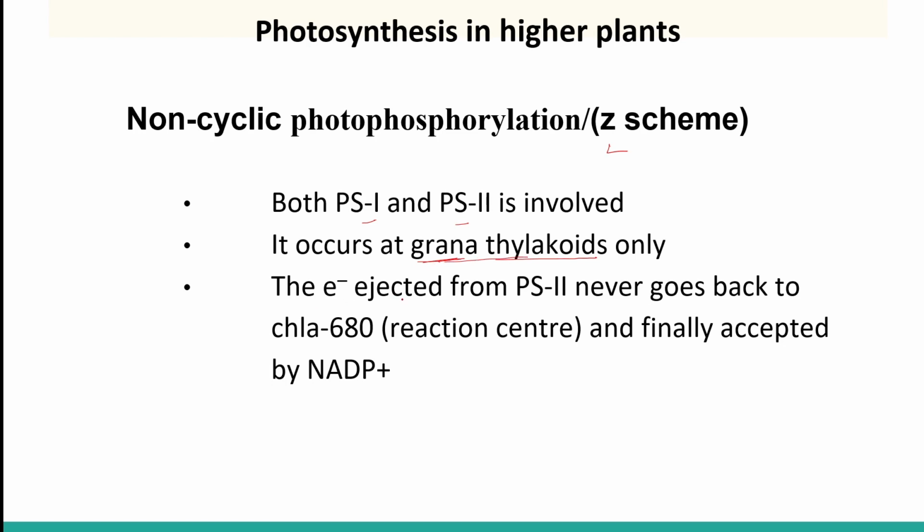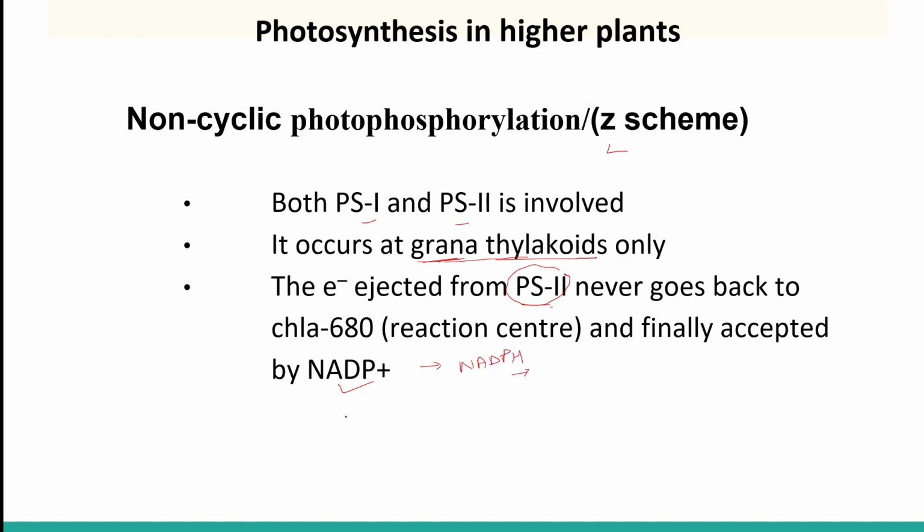The electron ejected from photosystem 2 never goes back to photosystem 2. In cyclic phosphorylation, electrons ejected from photosystem 1 return back to photosystem 1. But here, electrons ejected from photosystem 2 don't return back to photosystem 2; they are accepted by NADP+, and NADP+ is converted into NADPH.